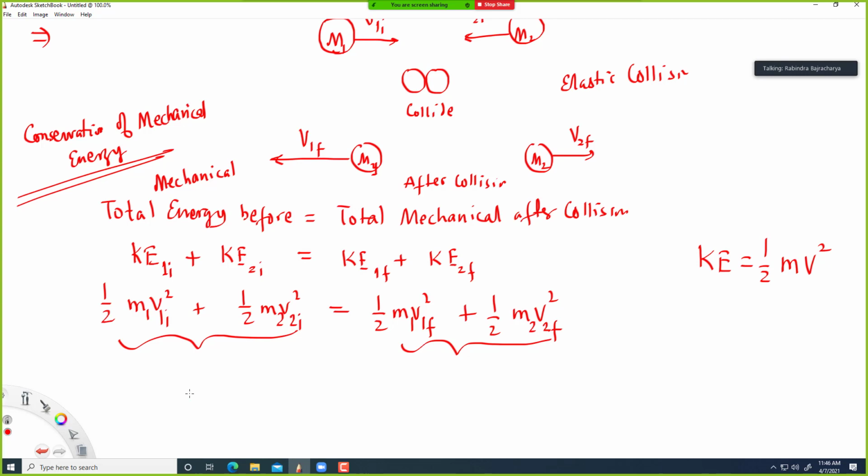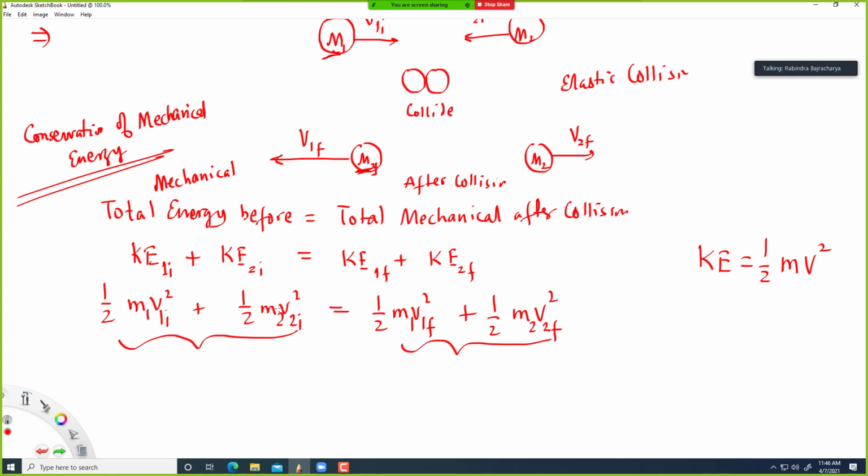Do we have to put the I after the m and after the v, or can we just put it after the v? No, the mass won't change, so you don't have to put the I for the mass because the mass doesn't change after collision. Whatever mass you have here, it would be same here. So there is no I here. I meant, can we just not put the 1 after the m and just put 1I after the v? Oh, you mean you don't want to put 1 here?